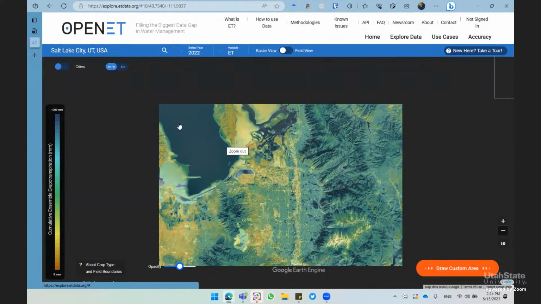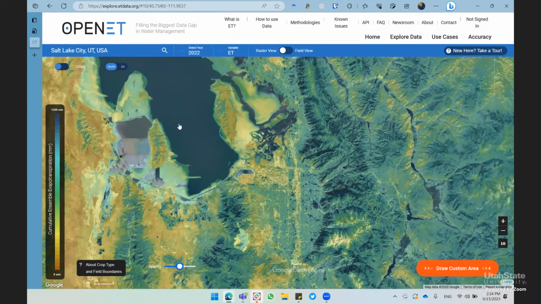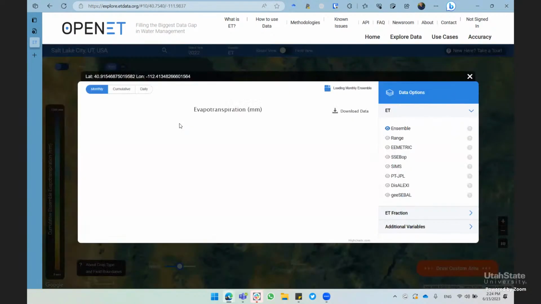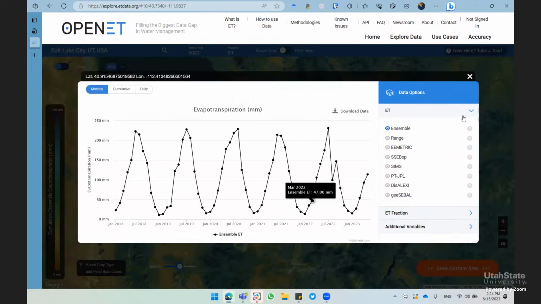So just click anywhere in the lake. These are the monthly rates of evaporation, of water loss in the lake. This is on open water, so this is evaporation.